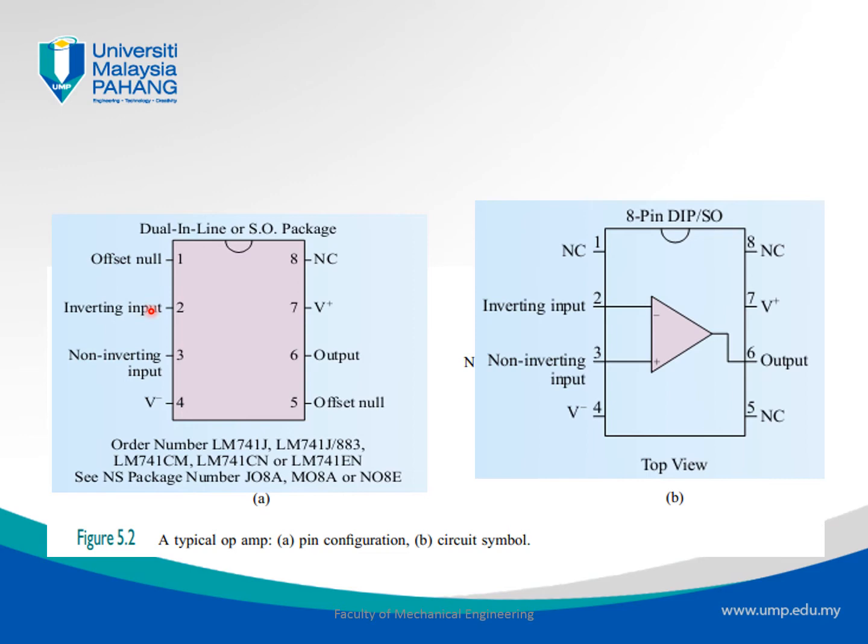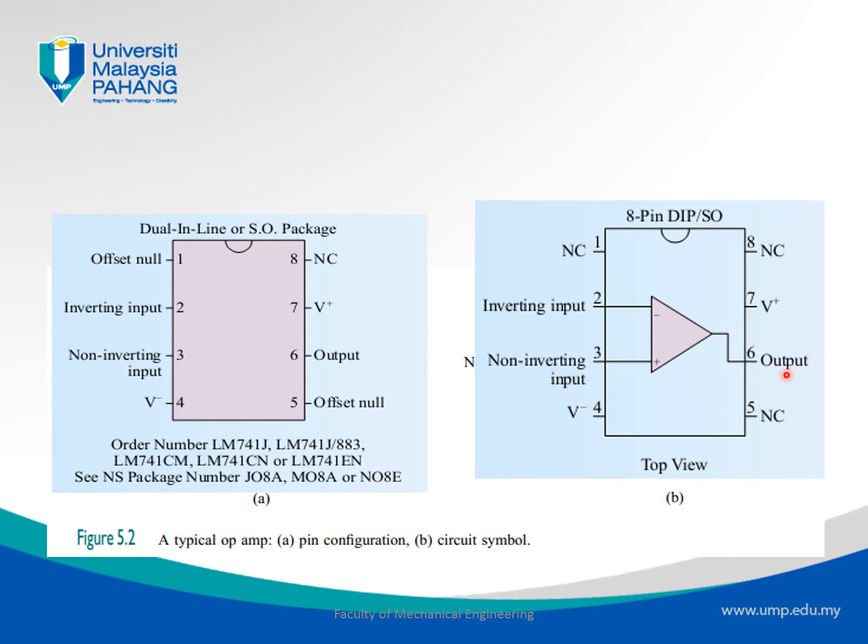and these 8 terminals represent the things that are written over here. In terms of the schematic diagram, it can be presented as this. The most important terminals are the ones marked with number 2 and number 3, which are the inverting input and non-inverting input, and the output is on terminal number 6.